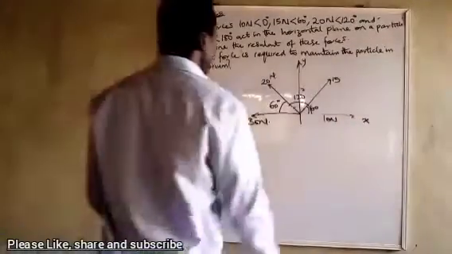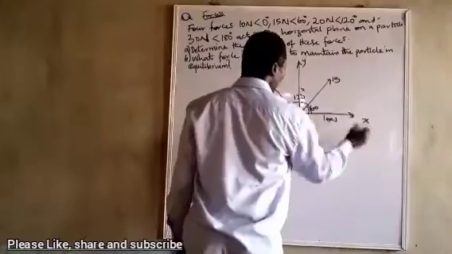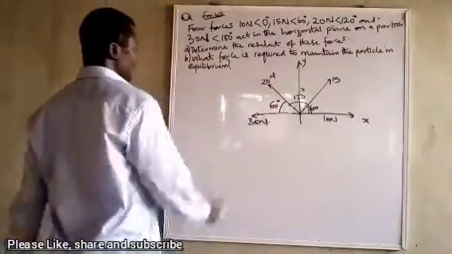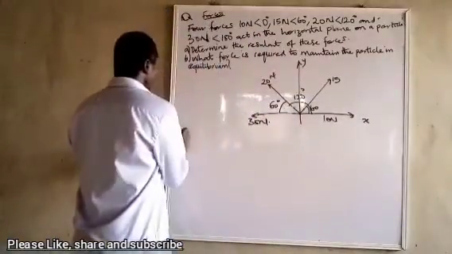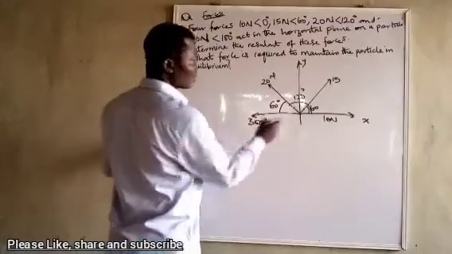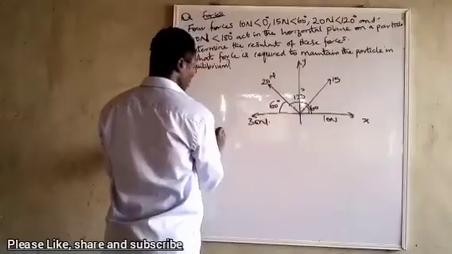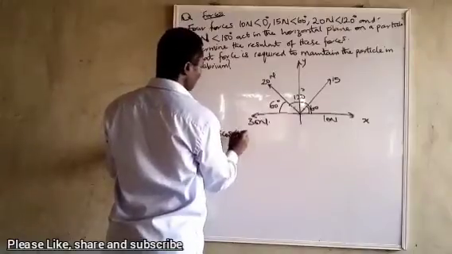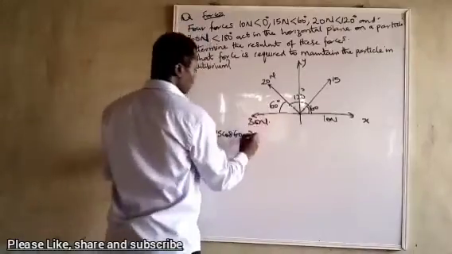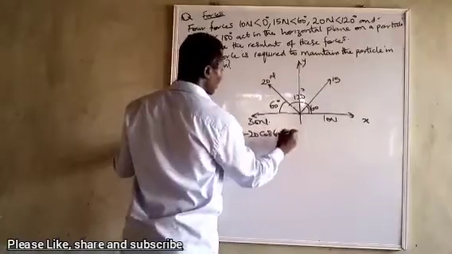Now, let me find the sum of the forces in the x direction and the sum of the forces in the y direction. So summation Fx will be equal to 10, because this is positive, plus 15 cos 60 minus, because you can see, 20 cos 60 minus 30.